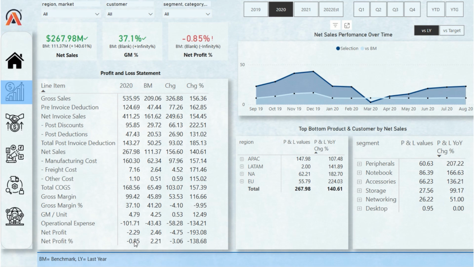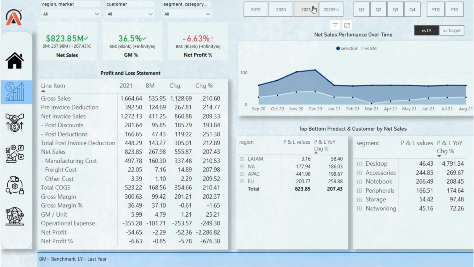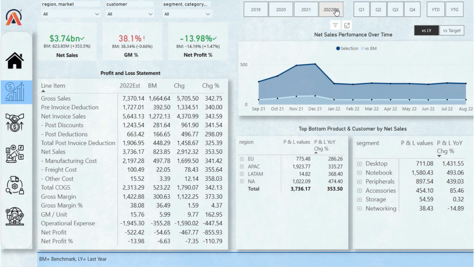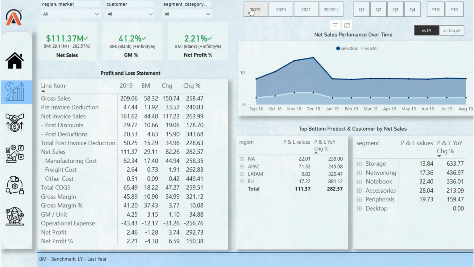The net profit is in the minus. In 2021, the net profit is still in minus. And in 2022, our net profit is consistently in minus. But if we see our net sales, the net sales are definitely growing.